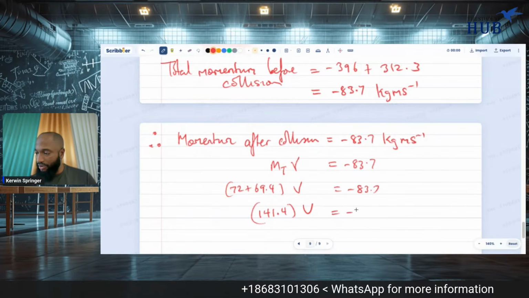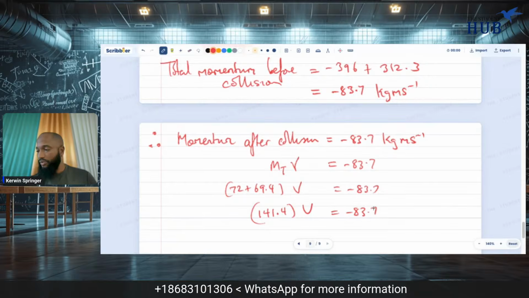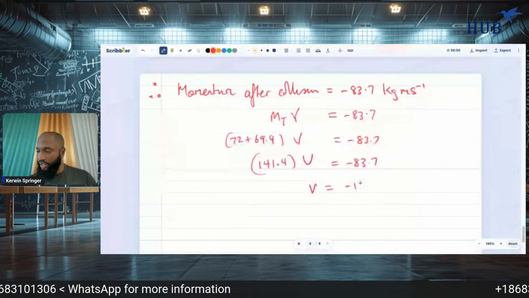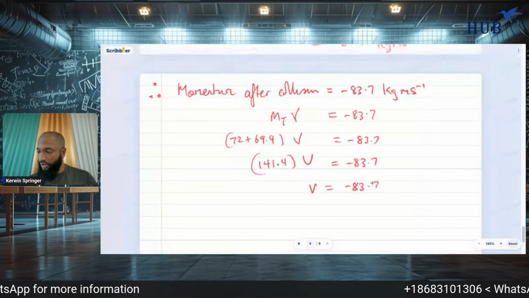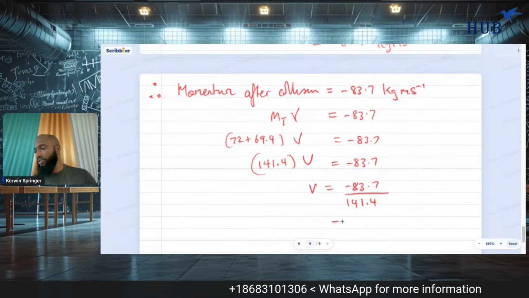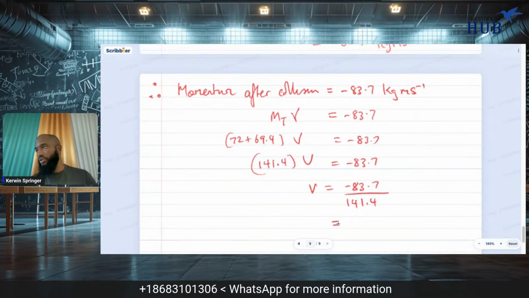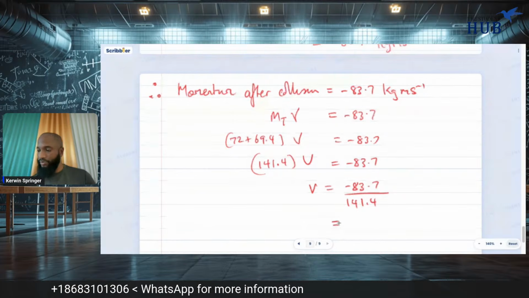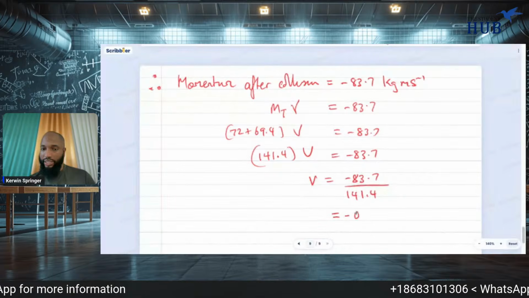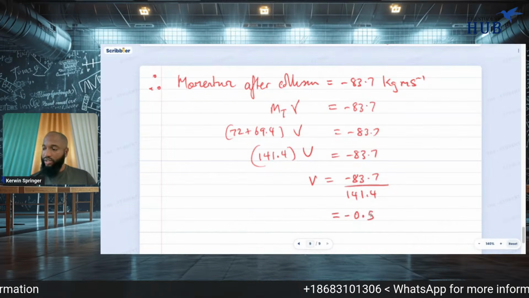So how do we find V now? We divide or transpose, right? So V is equal to negative 83.7 divided by 141.4, and how much do you get? Negative 0.59.